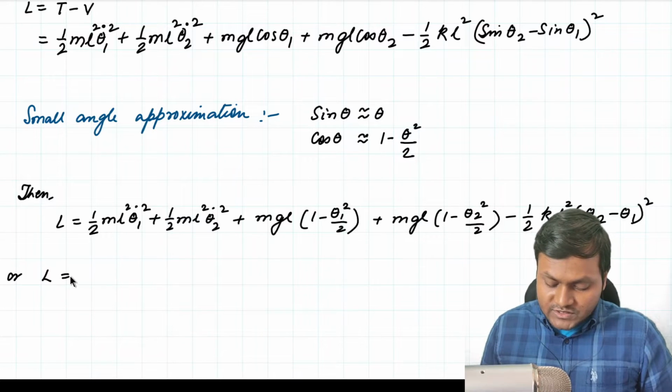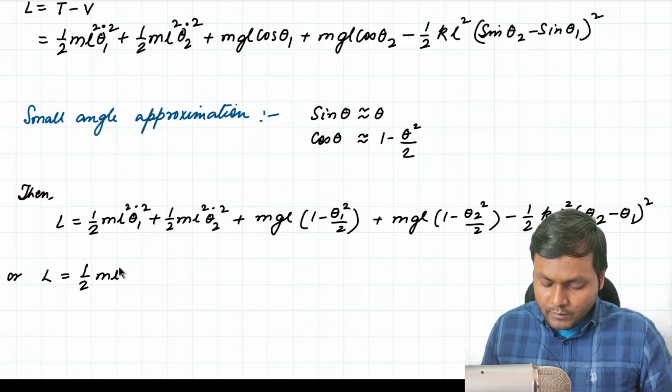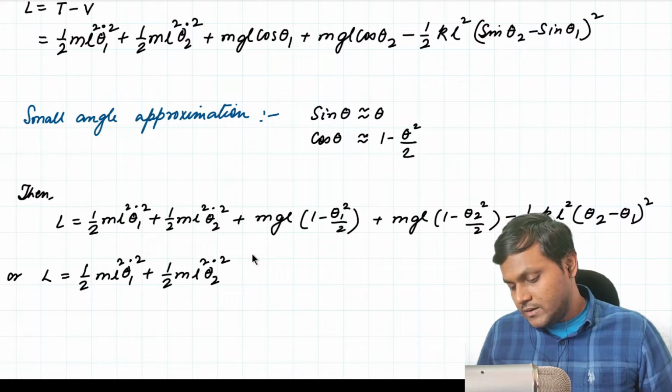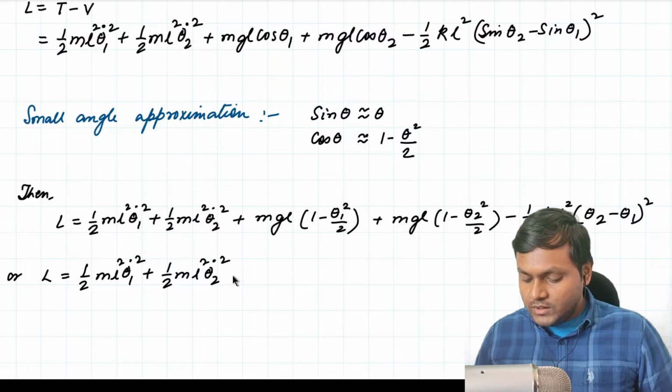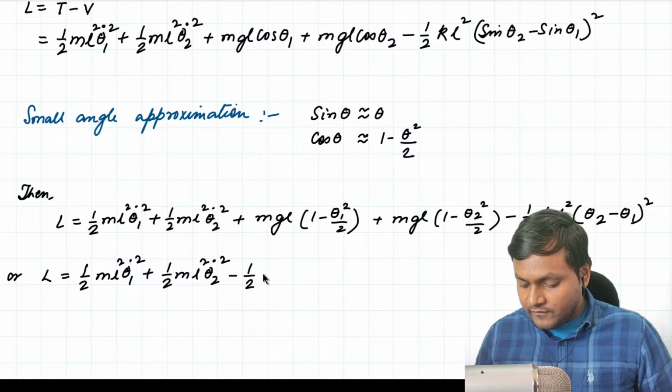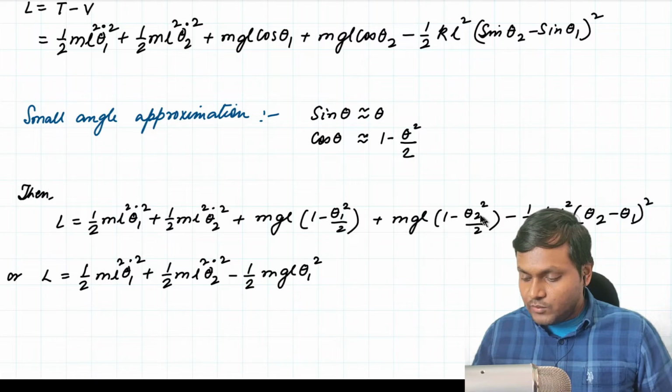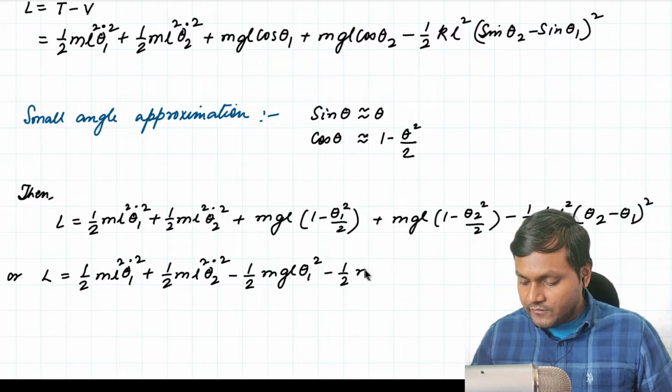So the Lagrangian simplifies to half m L square theta 1 dot square plus half m L square theta 2 dot square. Now here I want to separate the theta 1 term, so that becomes minus half m g L theta 1 square, and from here I'll get minus half m g L theta 2 square.